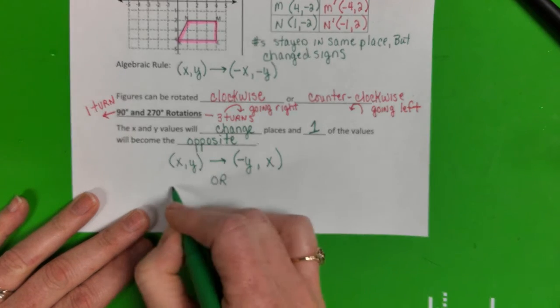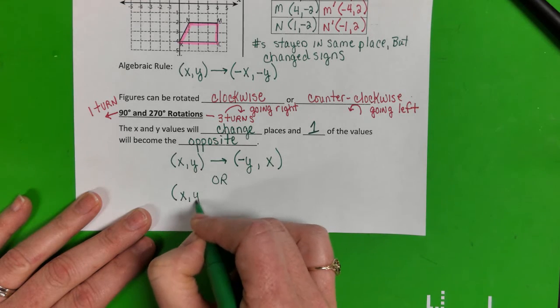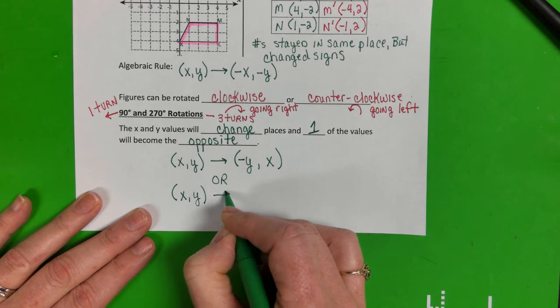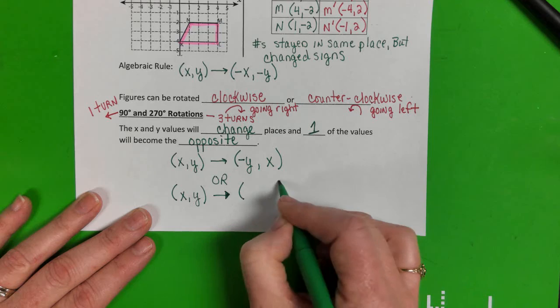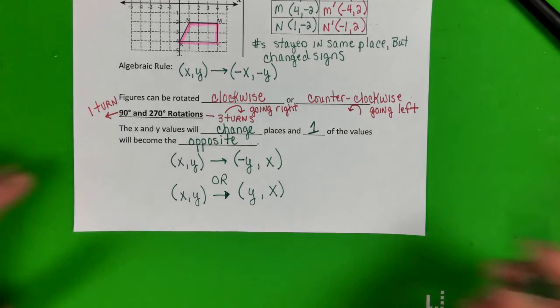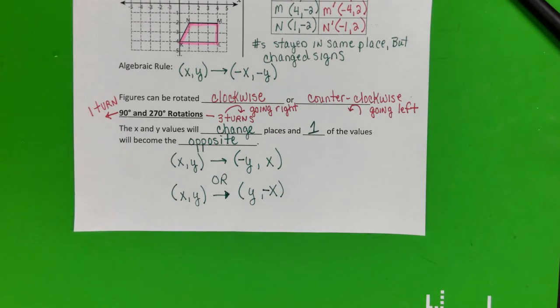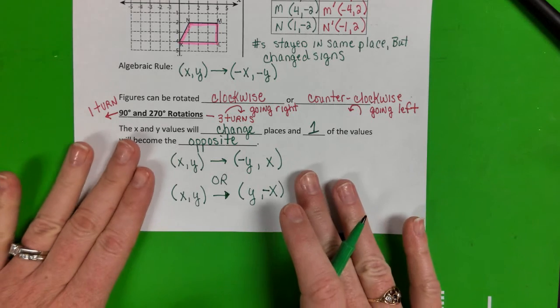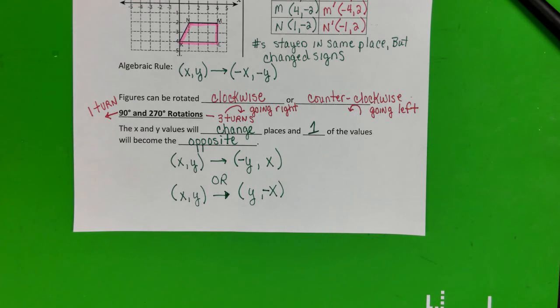Or the rule could be this: take the point, x and y change places, but this time the x is the opposite. This is all we need to be able to realize for a 90 degree and a 270 rotation.